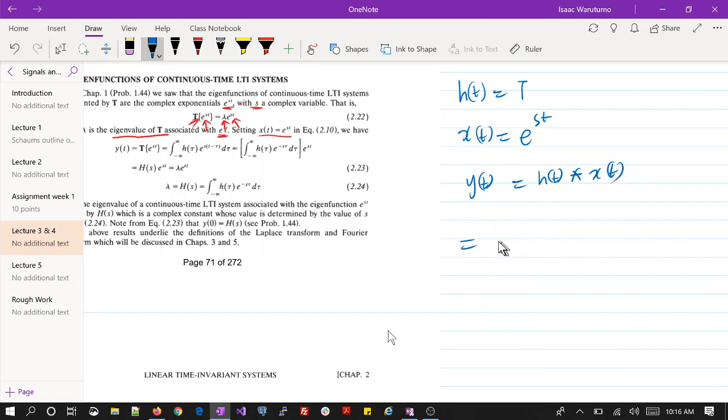The integral of this equation, if we assume it to be causal, starts from 0: h(tau) x(t minus tau) d tau.